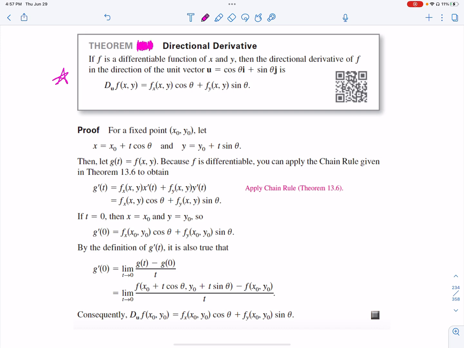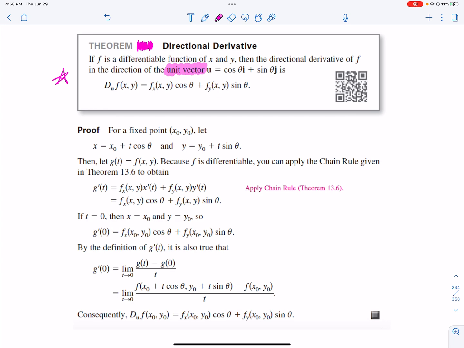Not too important. This directional derivative will give me the derivative given a function f that is in terms of x and y. Then we also have a unit vector, because we have to know what direction our derivative is going to be in. So notice our unit vector must look like this. Key word here: unit vector.